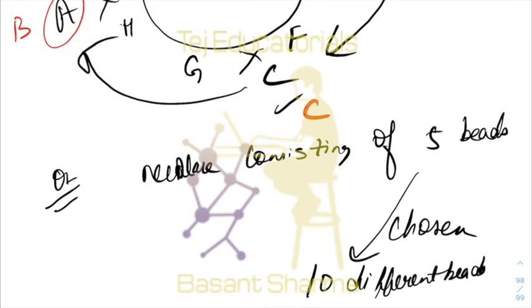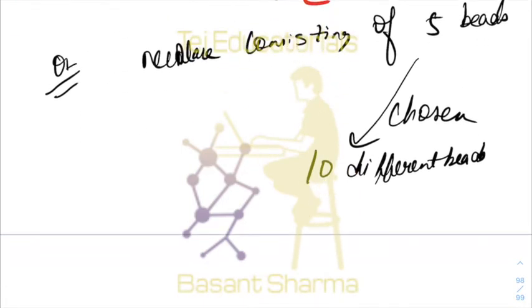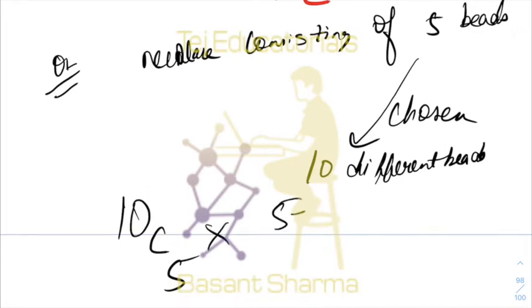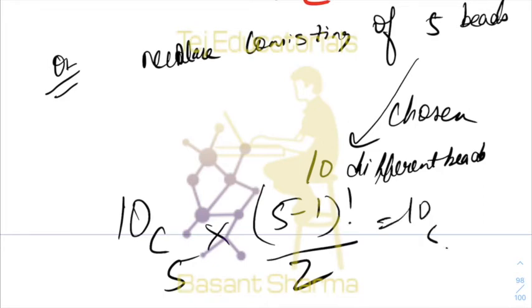Then find the number of ways of forming the necklace. Well, very simple. First of all, select the 5 beads which you want to put in the necklace in 10C5 ways, and then arrange them in these many ways. So the answer would be 10C5 into 4 factorial by 2.